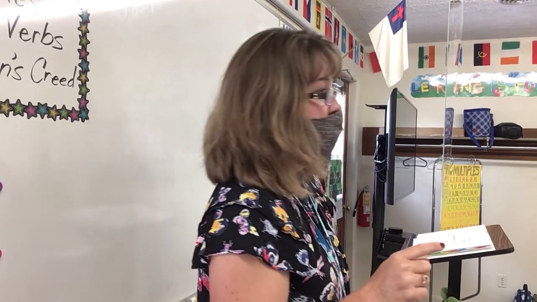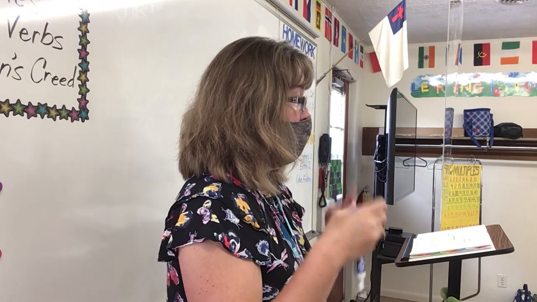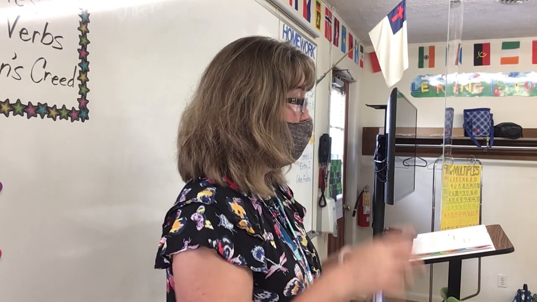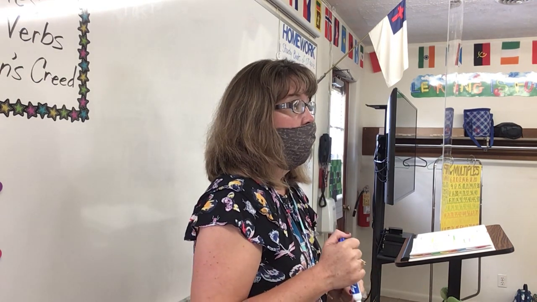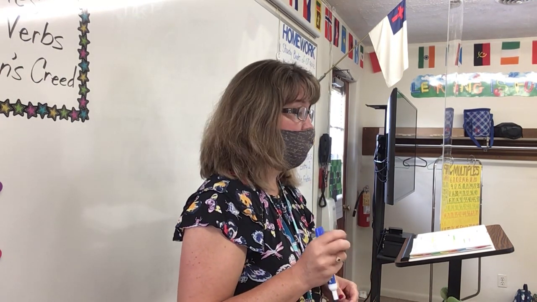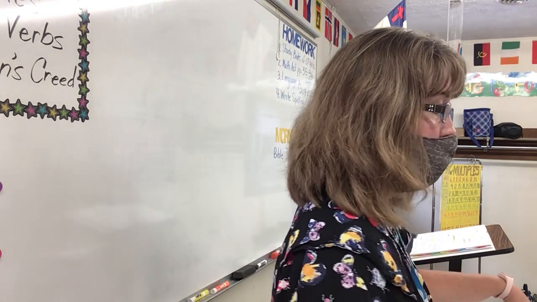And then 28, does that round up to 30 or down to 20? Up to 30. So 70 minus 30 is what? Do it in your head. What's 70 minus 30? 40. So circle 40 in the estimate box.